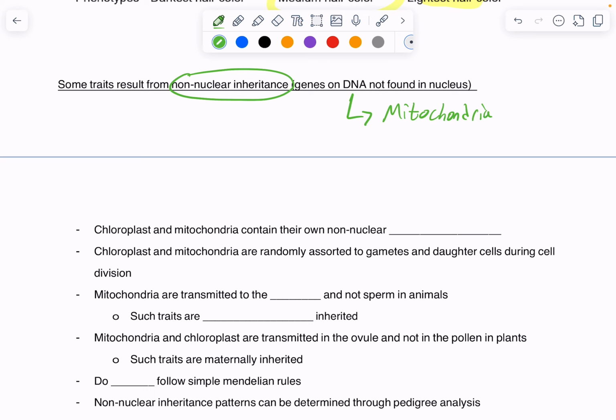Chloroplasts and mitochondria contain their own non-nuclear genome, because they used to be self-surviving organisms. They used to be prokaryotes on their own that got engulfed by eukaryotic cells early on in life's history. So they have their own DNA and they divide separately from the cell as a whole. Chloroplasts and mitochondria are randomly assorted to gametes and daughter cells during cell division.